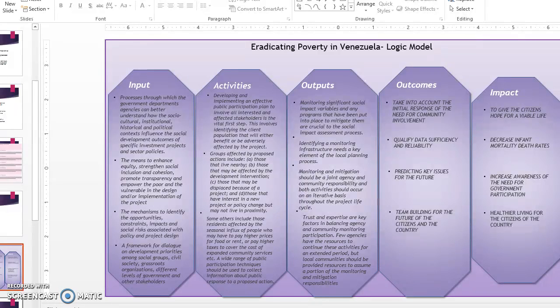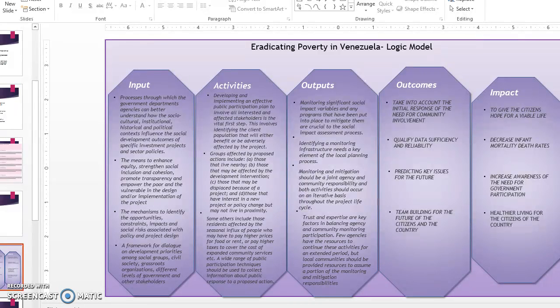The activity looks at the development of the client population and the groups worst affected by the poverty levels. Some others include those residents affected by a seasonal influx of people that might have to pay too much in food or rent, so therefore they might go lacking when they have a basic need.